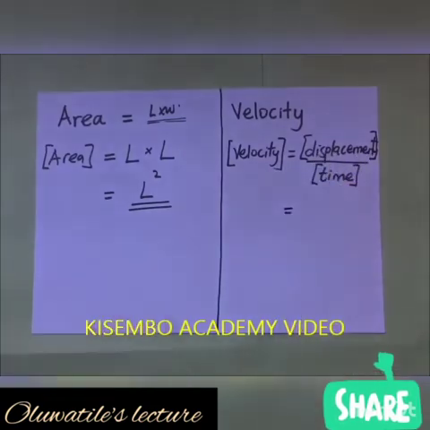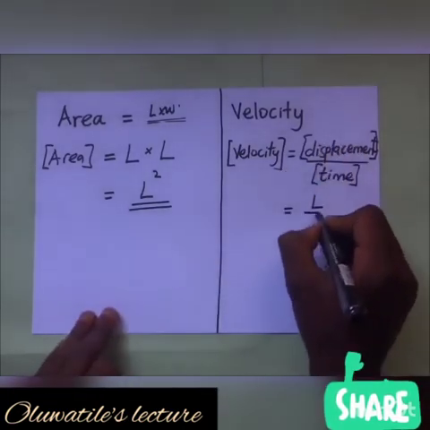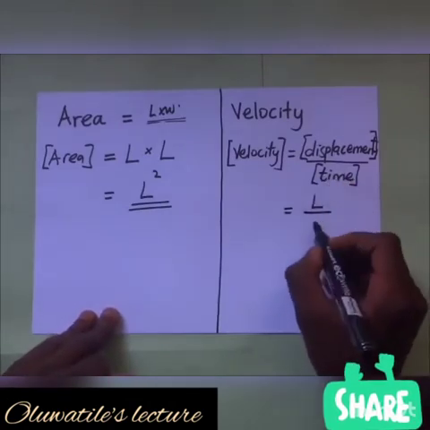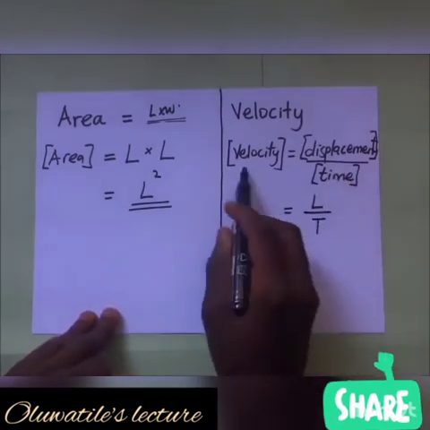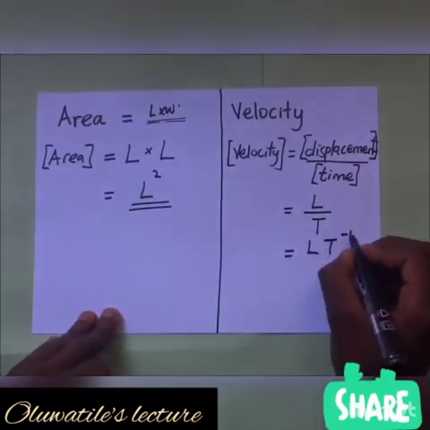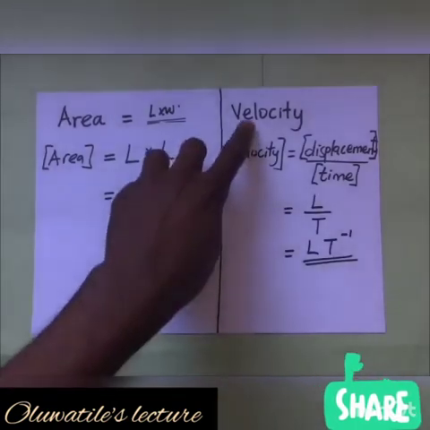Displacement is actually a length, according to the three fundamental quantities of mass, length, and time. So this is going to be L, divided by the time, which is a basic quantity, T. So the dimensions of velocity are L T to the power -1.